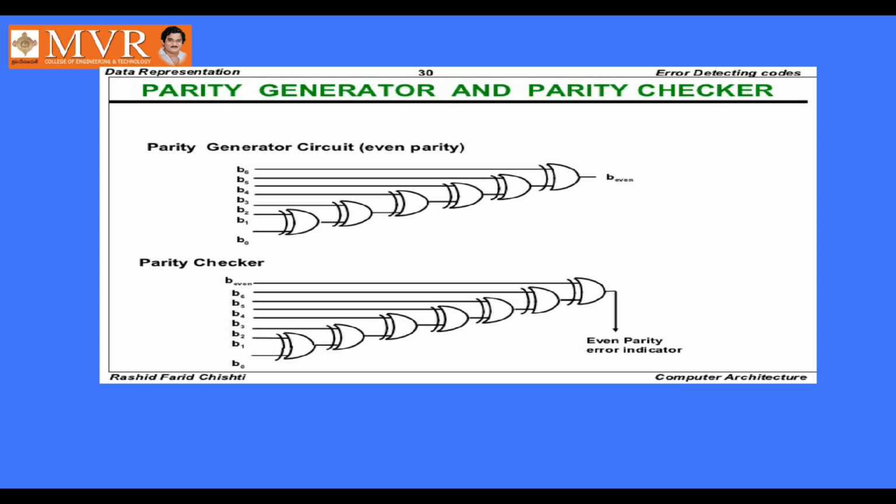With the output of this parity checker, you can easily identify whether there is an error in the original data or not. So this is the way a parity bit method is used for detecting an error, not rectifying. Please remember, detecting is different from rectifying.